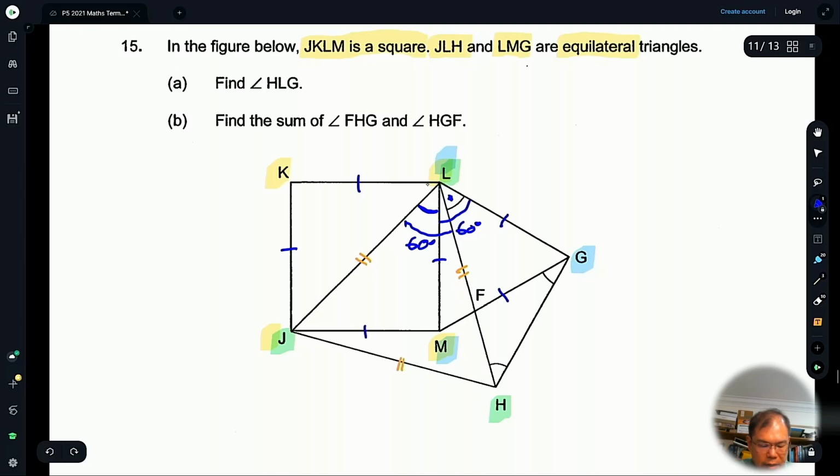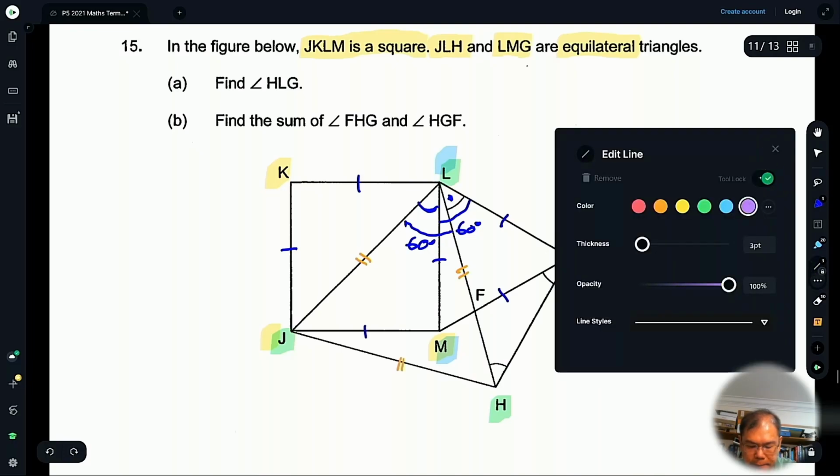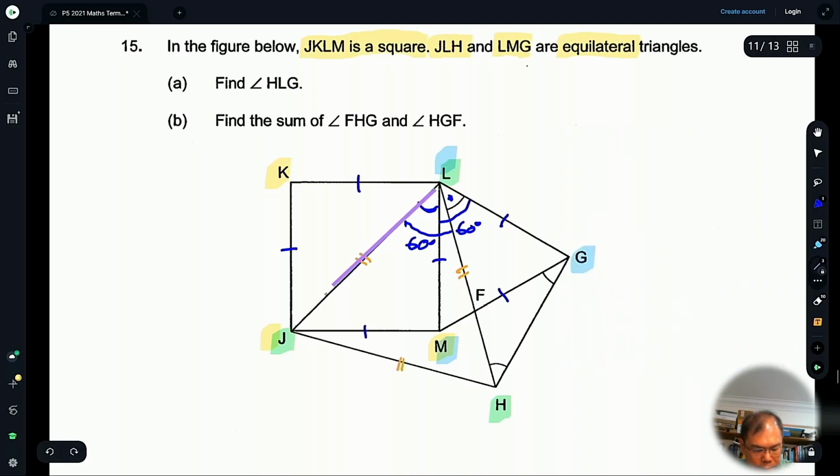Maybe I shouldn't color it. If I know this angle here, and what would be this angle here? This is diagonal across a square, so this is actually half, 45 degrees. So if this is 45 degrees, I can find this angle here.